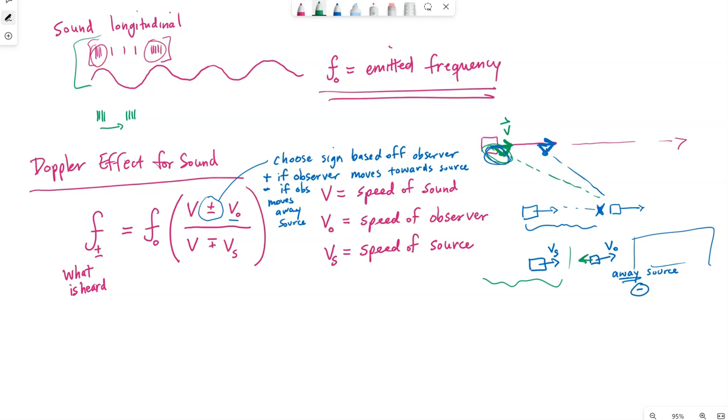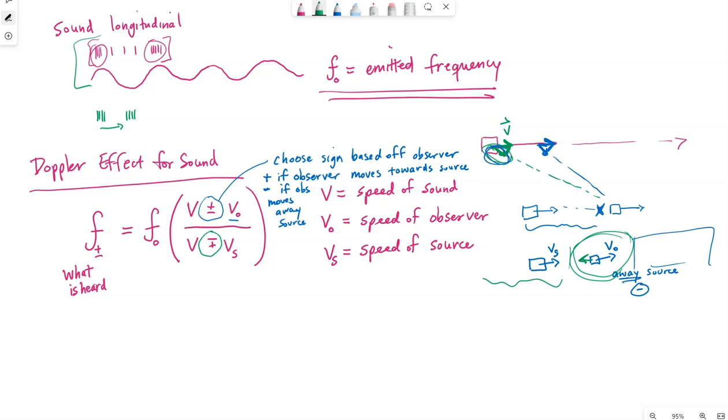So the sign in the numerator is just based on what the observer themselves is doing. And of course, if the observer is not moving and we put in a 0, it doesn't matter if we add or subtract 0. So we only have to choose the sign if the observer themselves is moving. And it's based off of whether they're moving towards where the source is located or away from where the source is located.